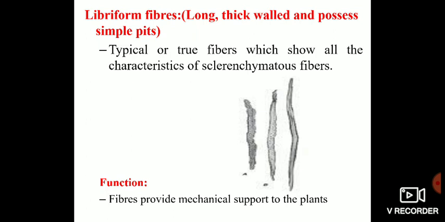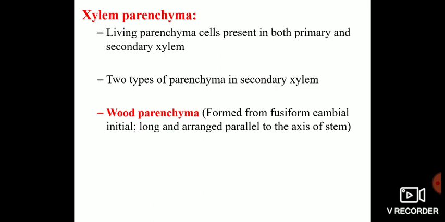Now the function of fibers. The function of xylem fibers is to provide mechanical support to the plants. This is the main function of xylem fibers. Now Xylem Parenchyma. Xylem Parenchyma is constituted of living parenchyma cells, and these parenchyma cells are present in both primary and secondary xylem.